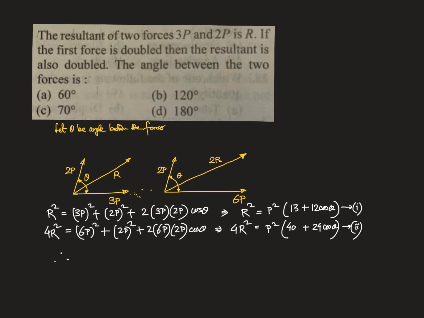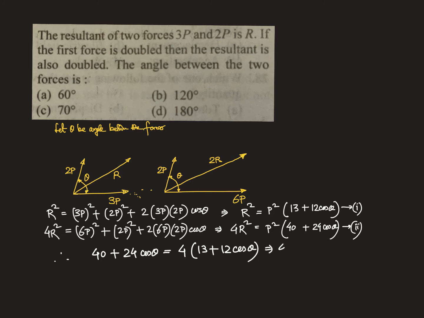Now you can equate: 40 plus 24 cos theta is equal to 4 times (13 plus 12 cos theta).